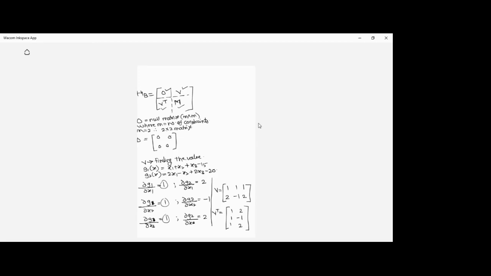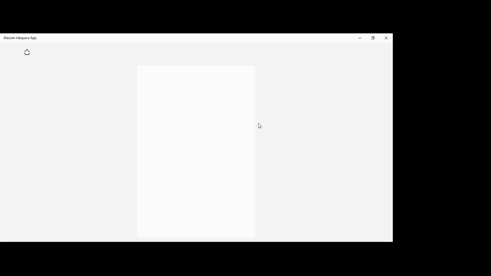For the M matrix we require our complete Lagrangian function. If you remember, our Lagrangian function was given as L = f(x1, x2, x3, lambda 1, lambda 2) = 4x1 square plus 2x2 square plus x3 square minus 4x1x2.